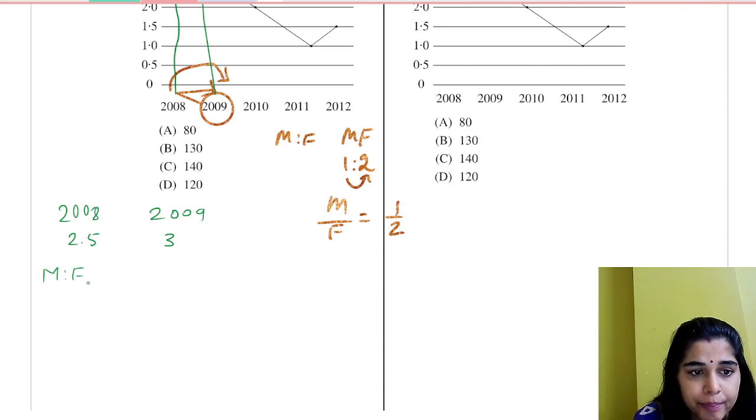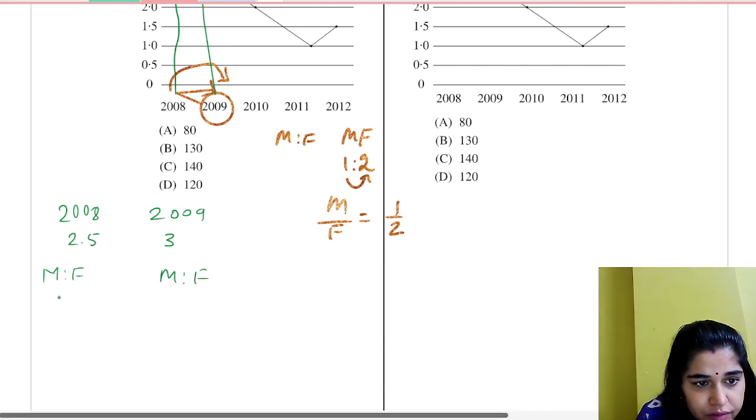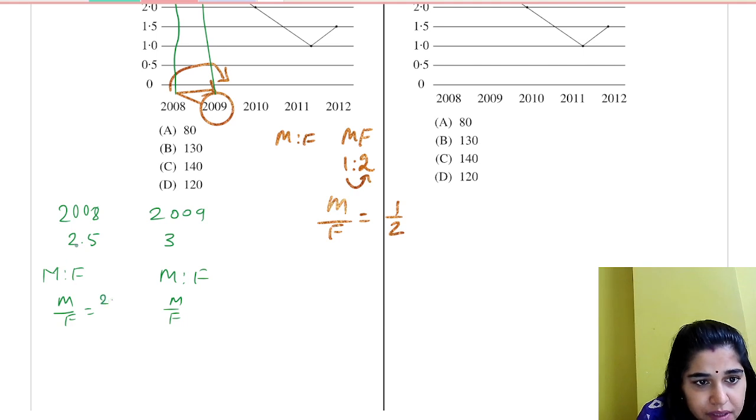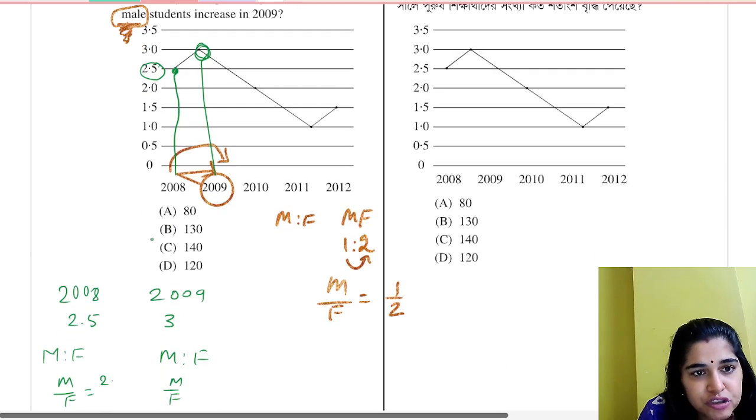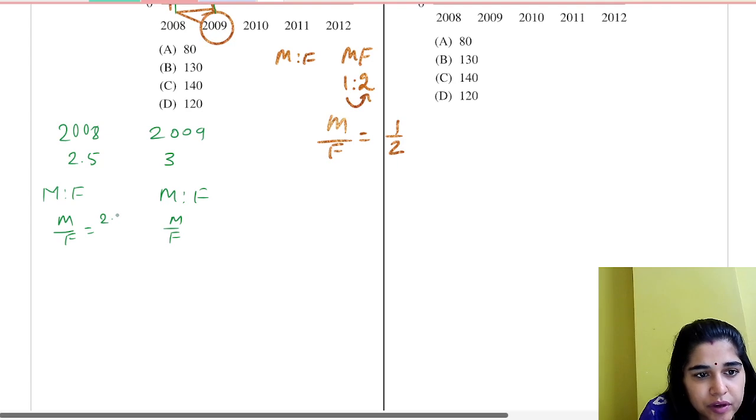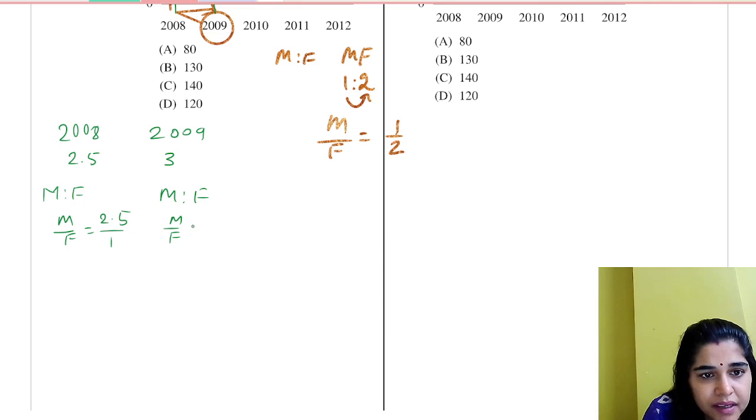So 2.5, is it male or female? Here it is also male to female. So if you do male upon female, male upon female, this is 2.5. Suppose this is the male population they are showing here. The male student increase, 2.5, is their ratio they are showing. So 2.5 is male to female, and here it is 3/1, something like that.